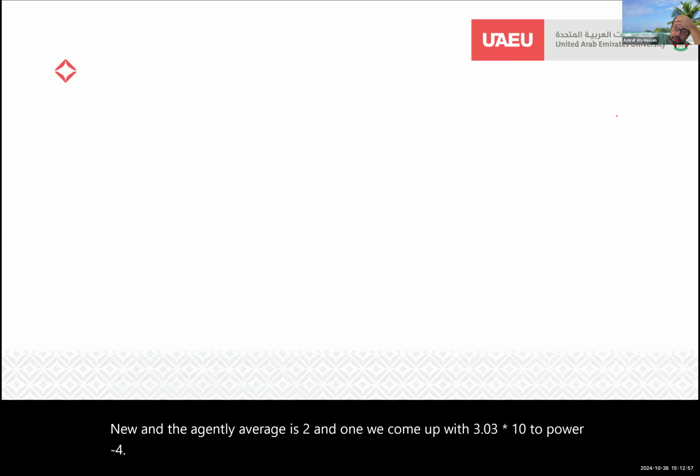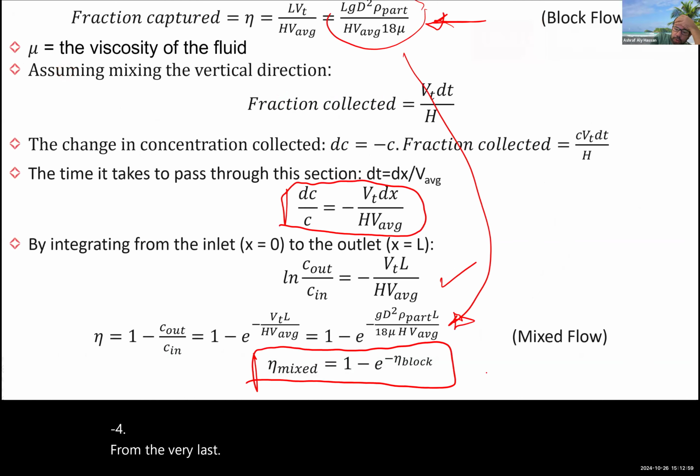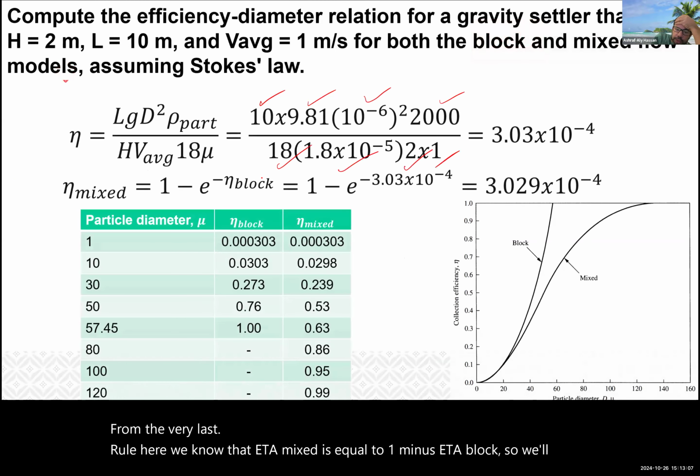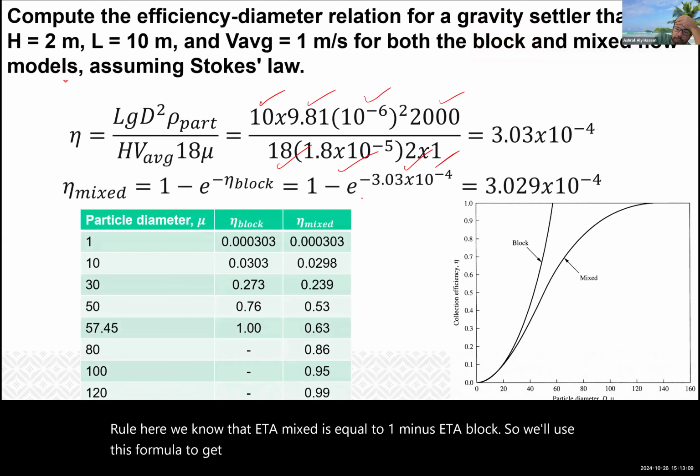From the very last rule here, we know that eta mixed is equal to 1 minus e to the power negative eta block. So we use this formula to get that eta mixed is equal to 1 minus e to the power negative 3.03 times 10 to the power negative 4, which is 3.029 times 10 to the power negative 4.